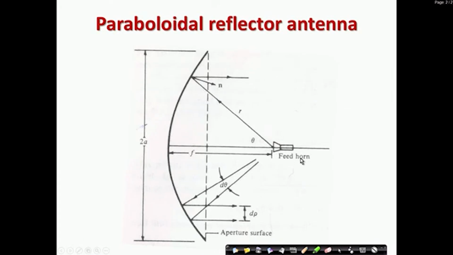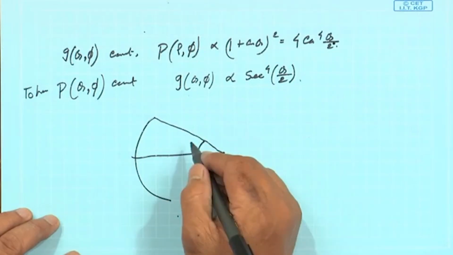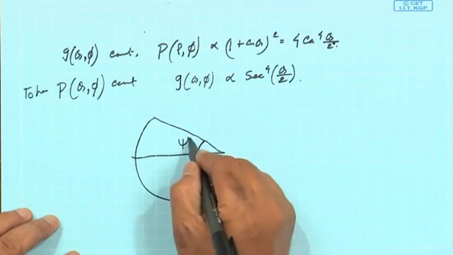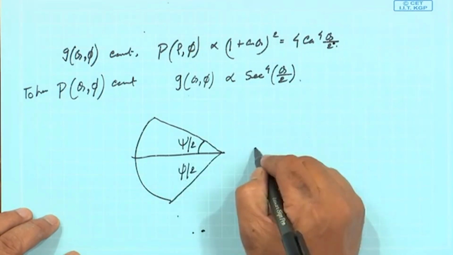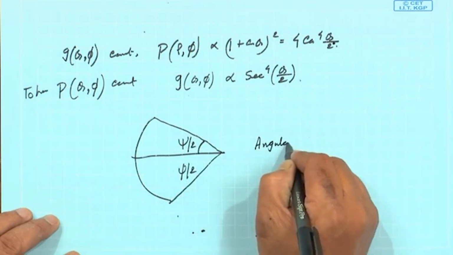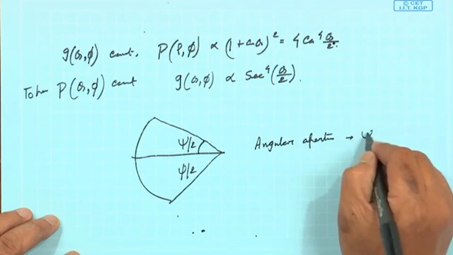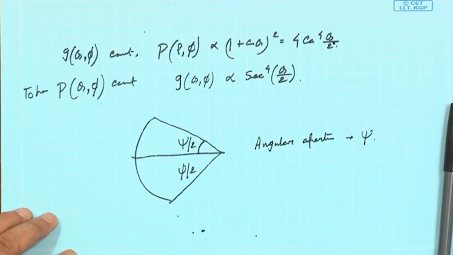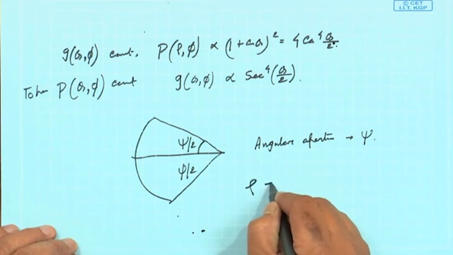That is called angular aperture. That means, if I have a paraboloid, this angle is called psi by 2, and this angle is also psi by 2. So, the angular aperture of the paraboloid is psi. At that point, what is the value of rho?